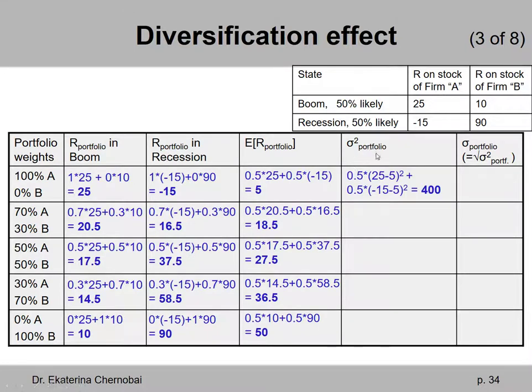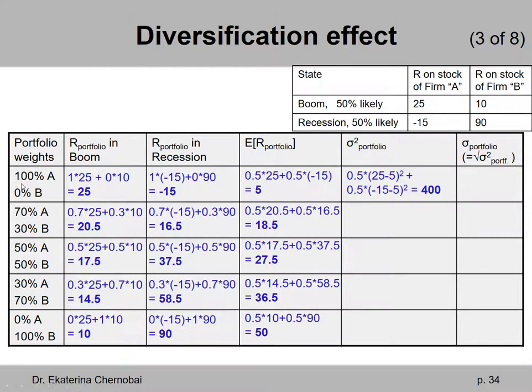Then the variance is similar to the expected return on the portfolio, except where we would multiply by portfolio return in that state, we now multiply by squared distance from the 5% portfolio expected return.